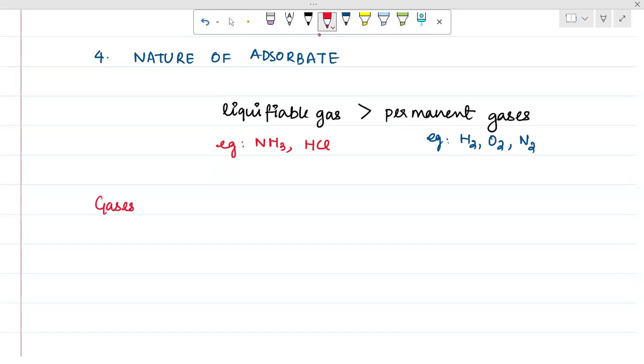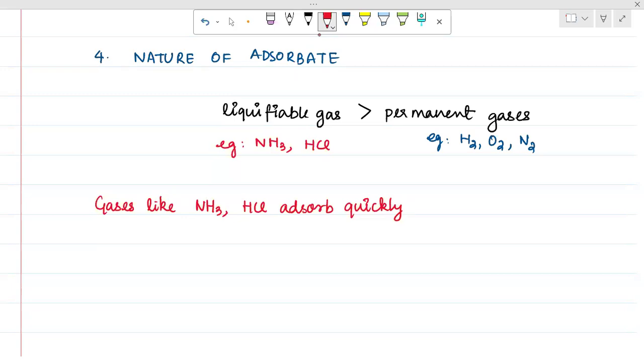Gases like NH3, HCl, they adsorb quickly. Why do they adsorb quickly? Because they liquefy easily. Liquefy easily means they interact well. You know that the forces of interaction in a liquid phase are higher than in the gas phase.